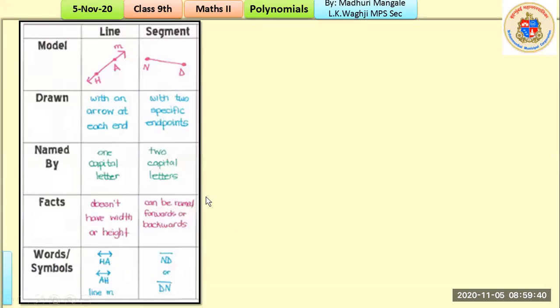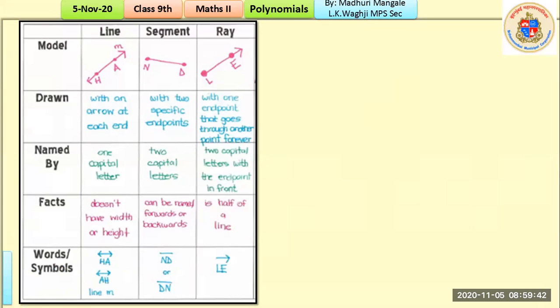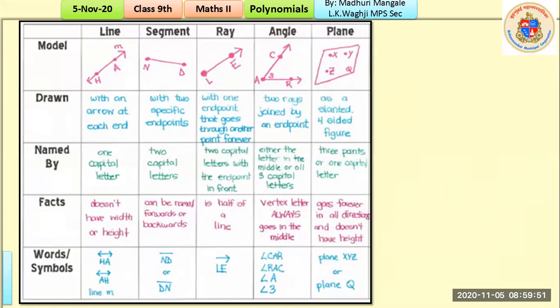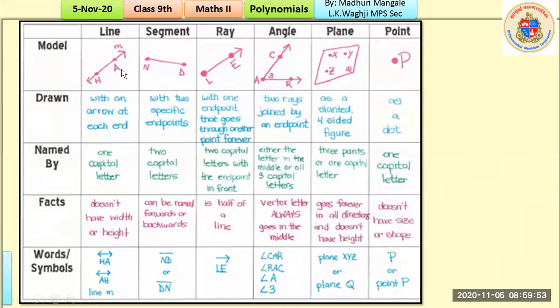And then we saw a table format for all the basic concepts written together. A line has both the ends as arrowheads. A segment has only endpoints at both the ends, there are no arrowheads. For a ray, it has one endpoint and the other end is an arrowhead.